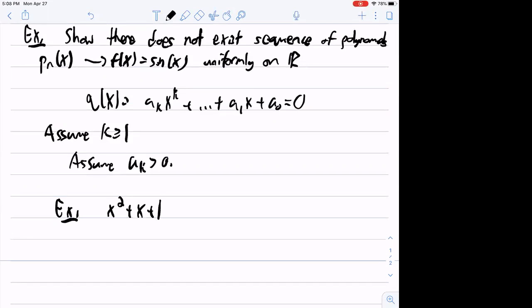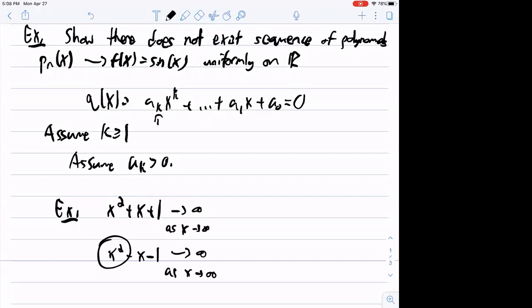How does this function behave when x goes to infinity? You see that this thing goes to infinity as x goes to infinity. And really, if I put a minus here, it doesn't change anything. We look at the leading term when we determine what happens as x goes to infinity, which is why I asked that this is the leading term. So we know that Q(x) goes to infinity as x goes to infinity, because the highest degree dominates.